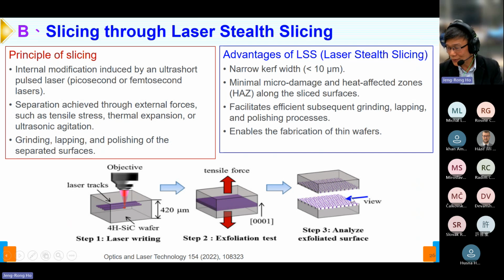And after that, we polish the modification areas. Then we can obtain a very smooth silicon wafer. The advantage of laser stealth slicing is that we can have a nano kerf width, usually less than 10 micron, and very minimal micro damage and heat-affected zone along the sliced surface.